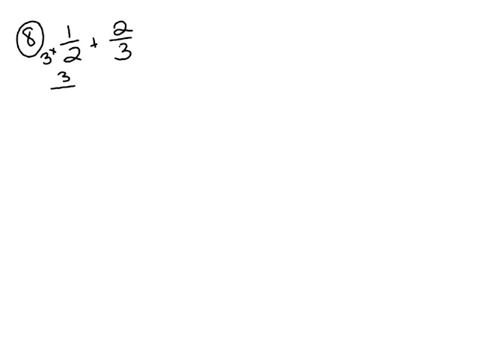So I end up with 3/6. And how about my second fraction? What do I need to multiply it by to turn it into 6? 2. So 2 times 2 is 4, and 3 times 2 is 6. So 3/6 plus 4/6.